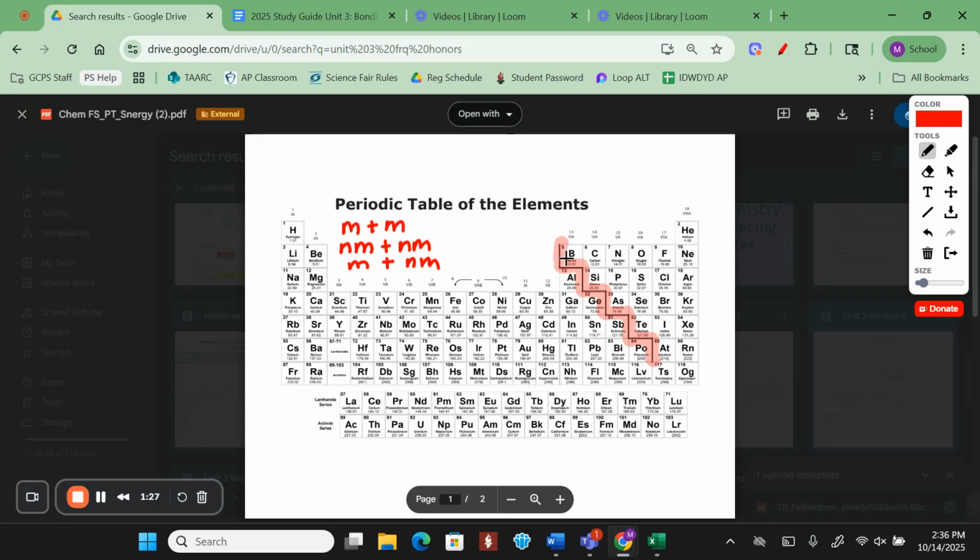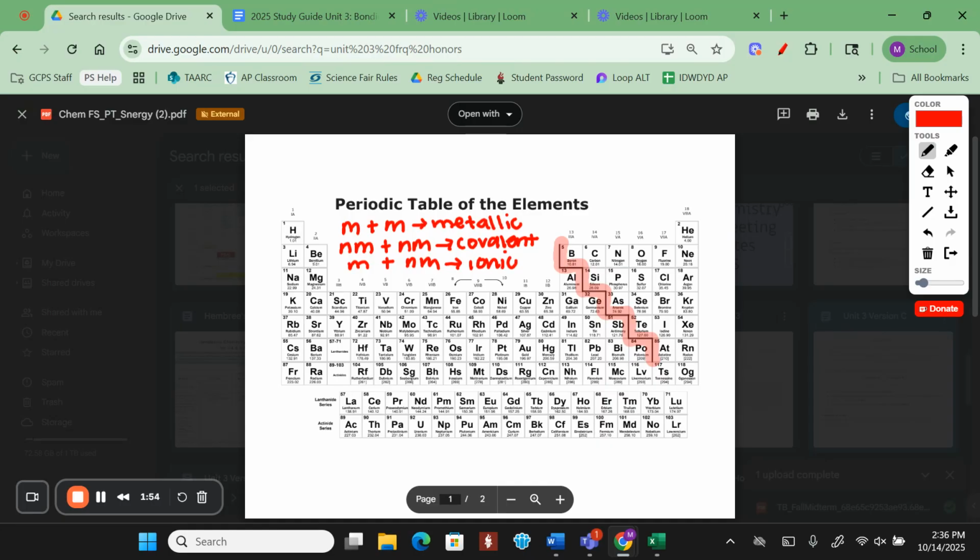If I have a metal combined with a metal, that would be an example of a metallic bond. If I had a nonmetal and a nonmetal, that would be an example of a covalent. And if I had a metal and a nonmetal, that would be an example of an ionic combination.